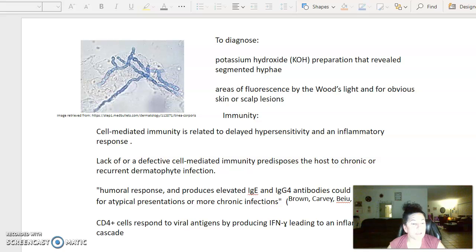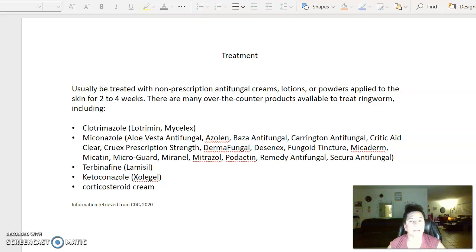According to Whedon, the development of infection again depends on the exposure to the affected source and the various factors diminishing host resistance. So how are we going to treat this? Usually it's treated with a non-prescription antifungal cream that we can get at our local drugstores.